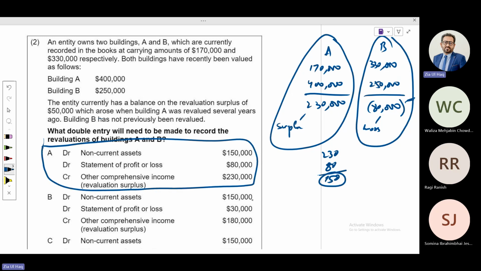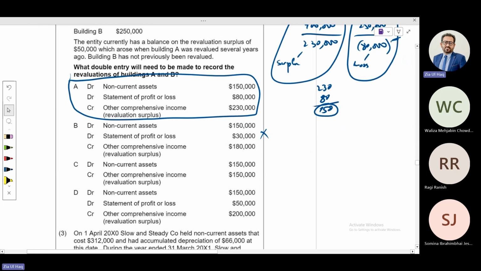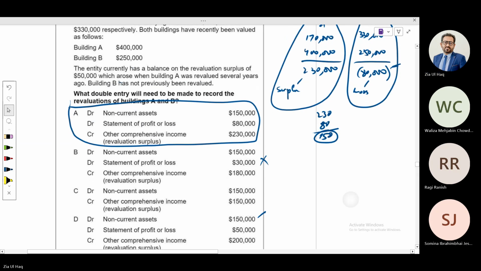Non-current assets should be up by 150. That's fine. Statement of profit and loss 30. No, there is no 30 amount anywhere. So this is wrong. Non-current assets should be up by 150 and other comprehensive income 150. No. 80,000 should be charged to profit and loss account. Non-current assets should be up by 150. Statement of profit and loss by 50. There is no amount of 50. So option A.